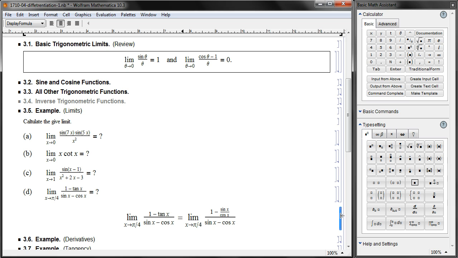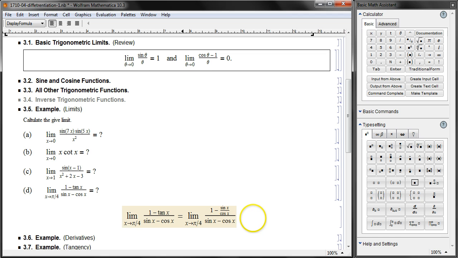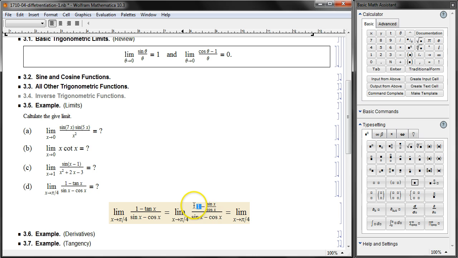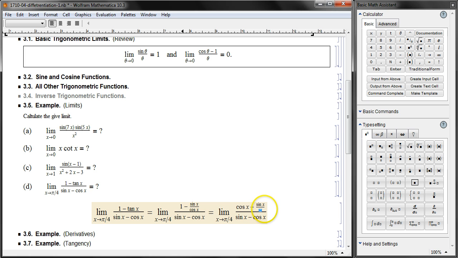One way to simplify is to multiply both numerator and denominator by cosine of x, the denominator of this, to simplify. So let's go ahead and do that. Multiply cosine of x to each term, we get that, and then multiply cosine of x here, we get that.